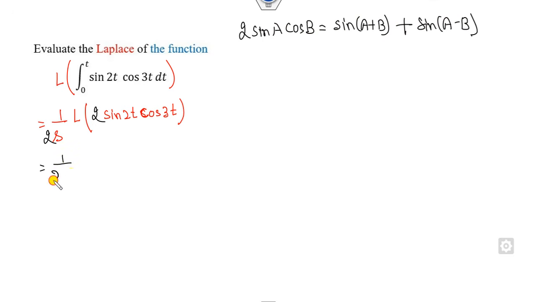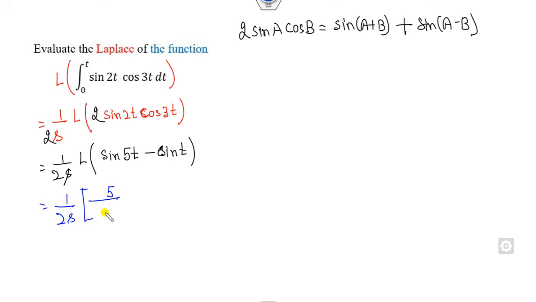So that comes to be 1 over 2s, sin(a plus b), so sin 5t, plus sin(a minus b), which will be minus t, so that will be minus sin t. So what is the Laplace of this quantity? 1 over 2s times (5 over s squared plus 25 minus 1 over s squared plus 1) is the right answer of the problem.